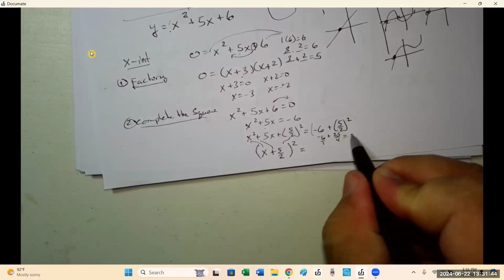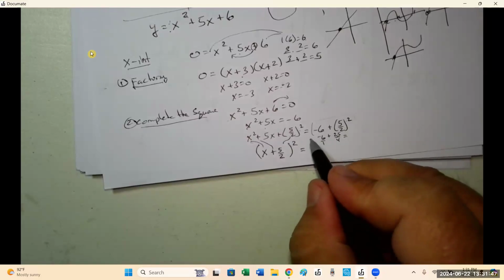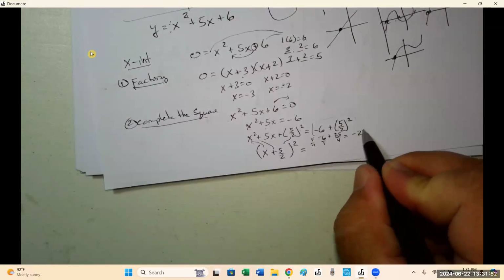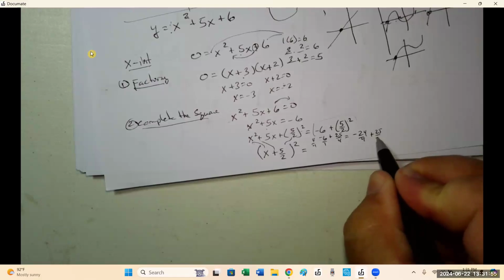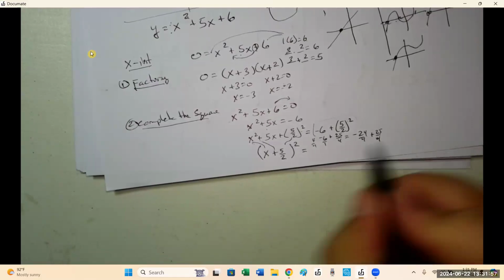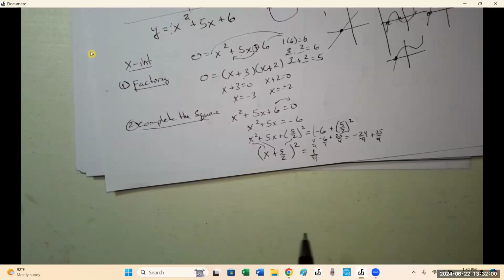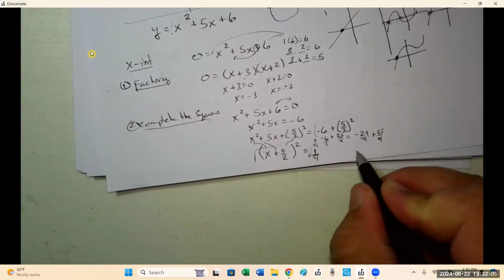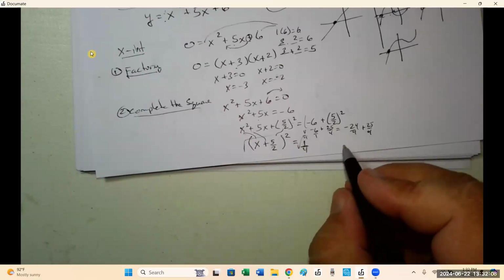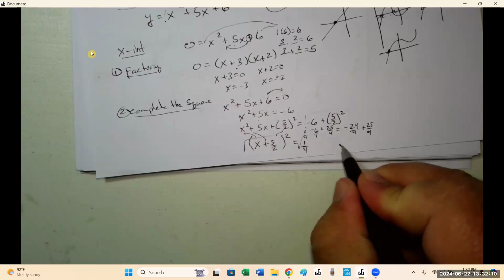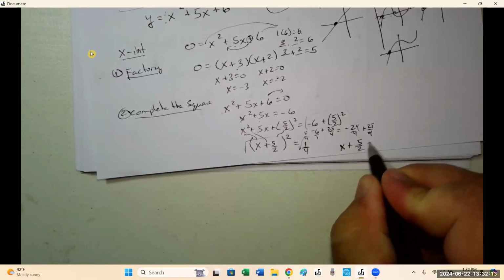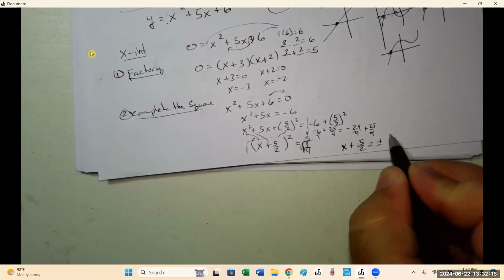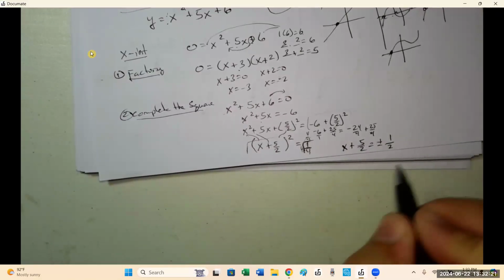This is over 1, so we have to get common denominators. So this one needs 4 over 4, which is -24 over 4 plus 25 over 4 equals 1/4. Square root both sides. We get x plus 5 over 2 equals plus or minus square root of 1 is 1, square root of 4 is 2.